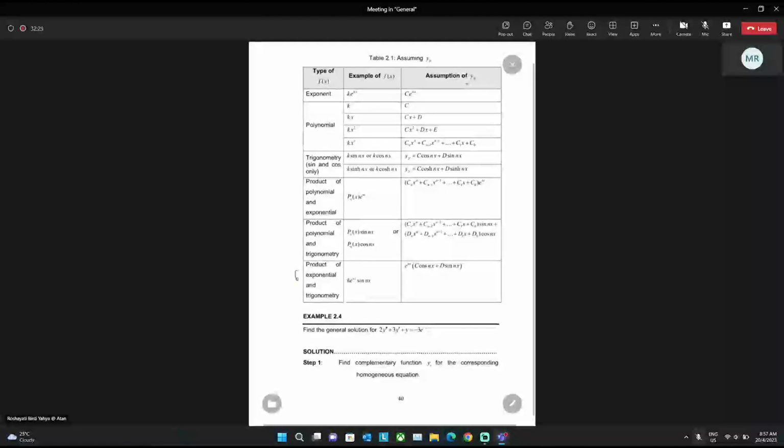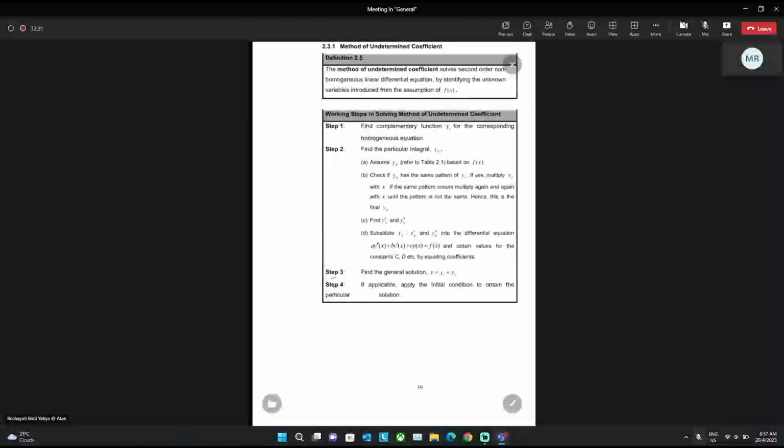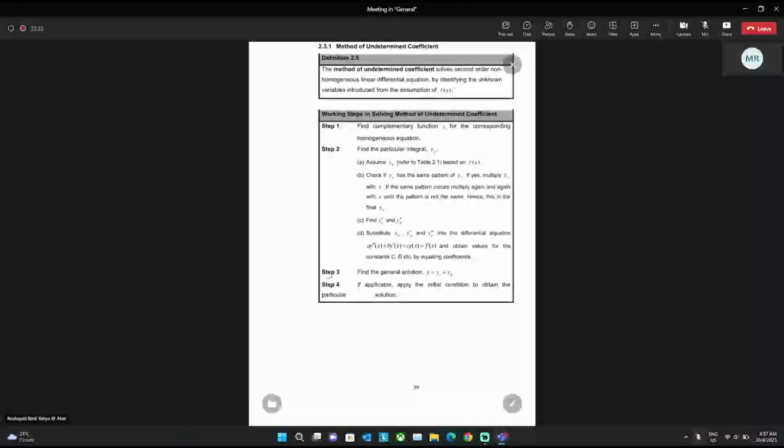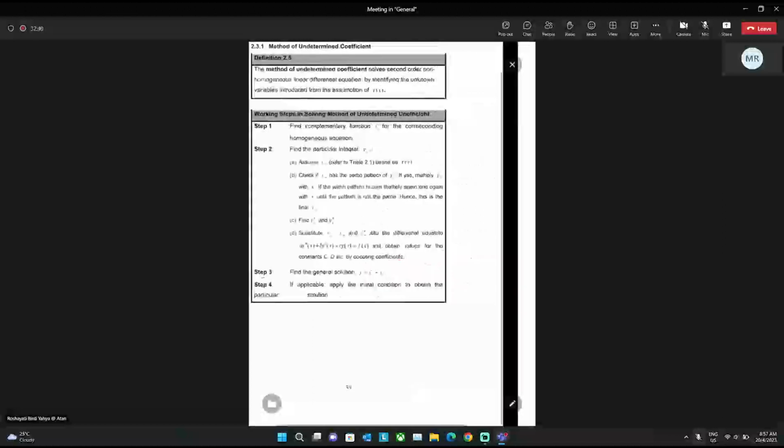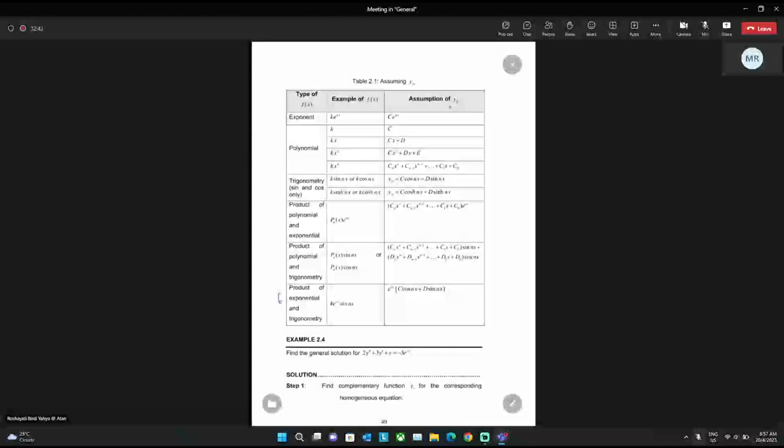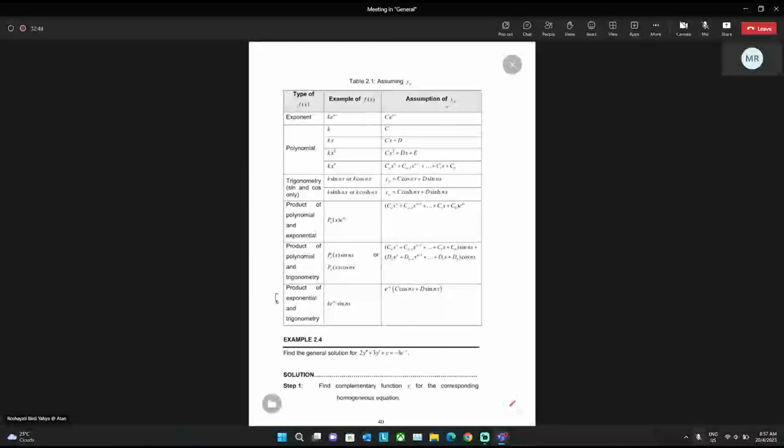So here, obtain C and D, meaning that to obtain the value for constants C and D, you need to refer to table 2.1. This is your C, D, E, for example.